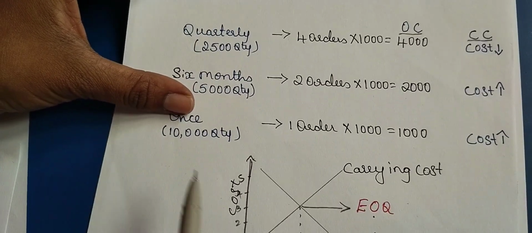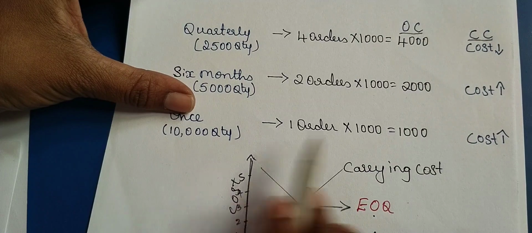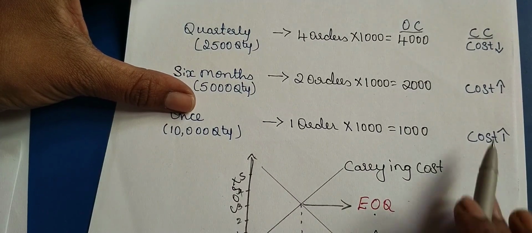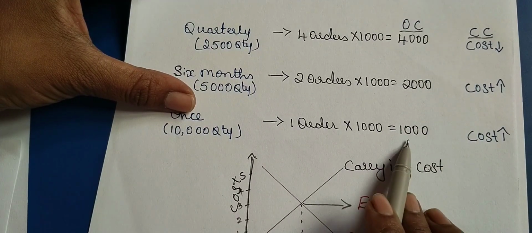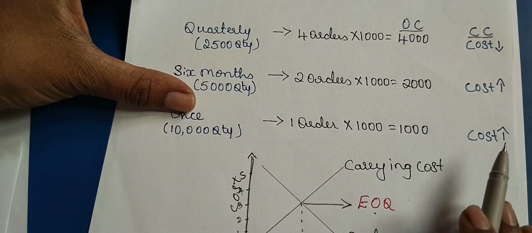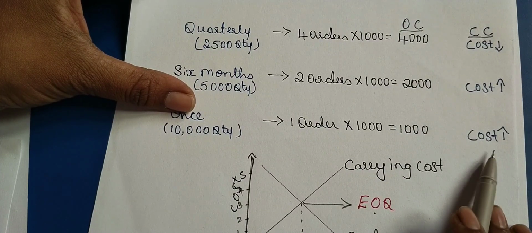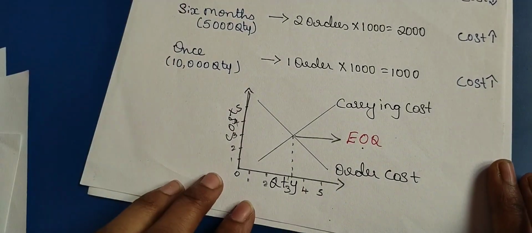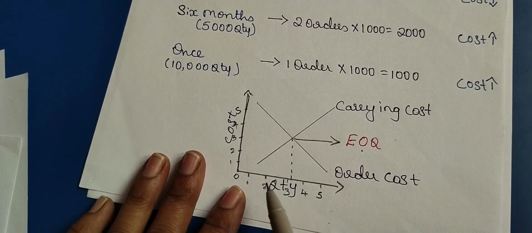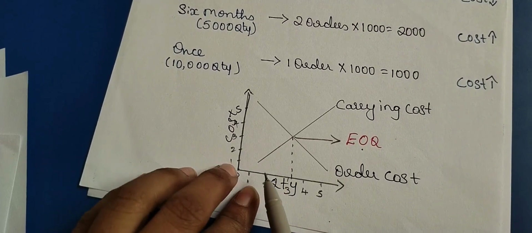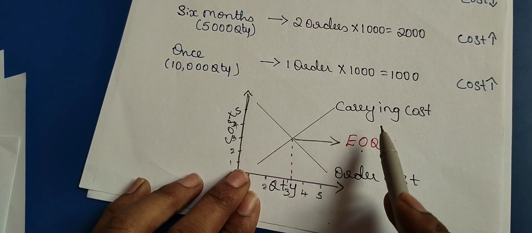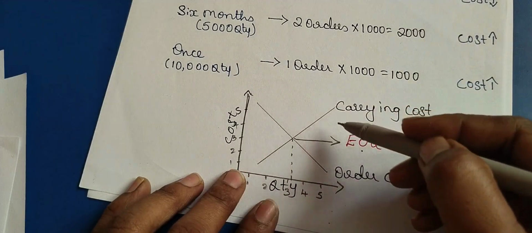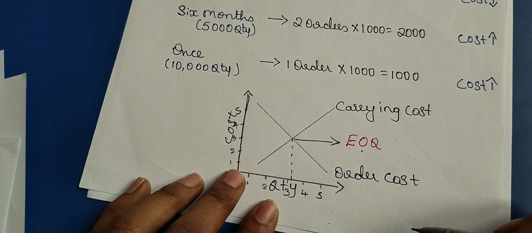And if you order once in a year also, because you are storing the whole year there, the ordering cost is reduced, but your carrying cost is increased. See, with this example we can understand that when my carrying cost is increasing, my ordering cost is decreasing.